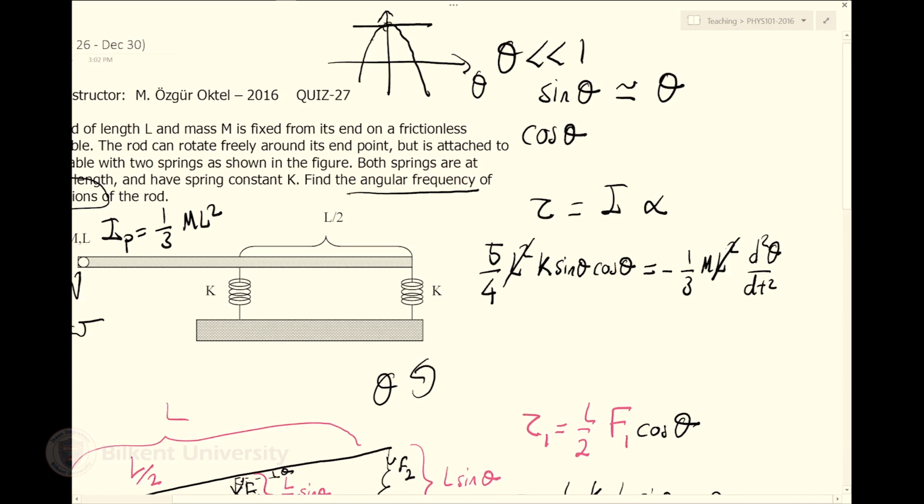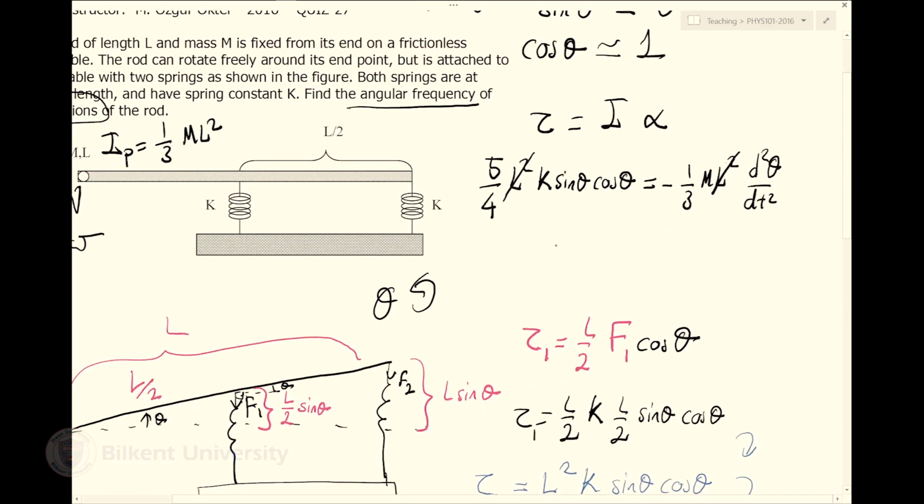So I just need the value at 0. Cosine theta for small theta is exactly 1. Okay? So approximately I have 5/4 k theta is minus 1/3 m d square theta dt square.